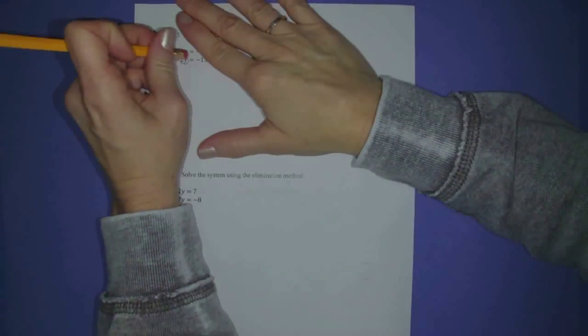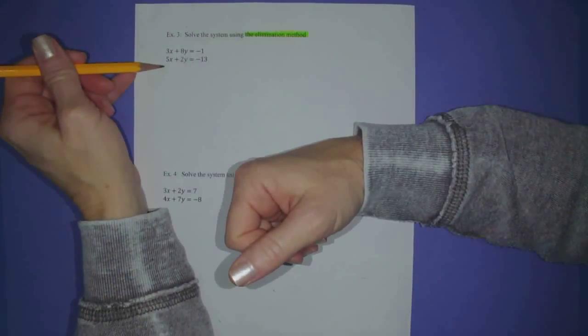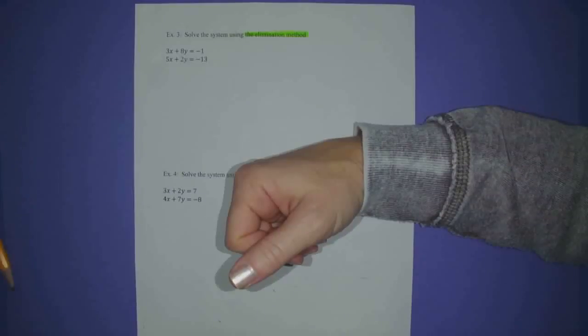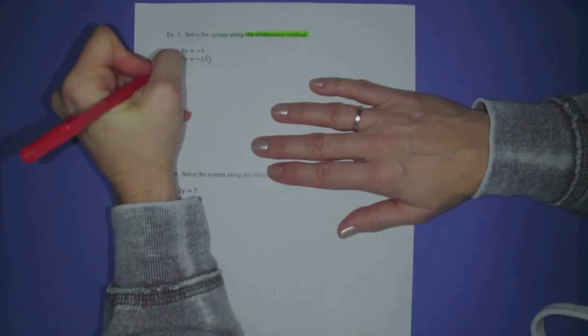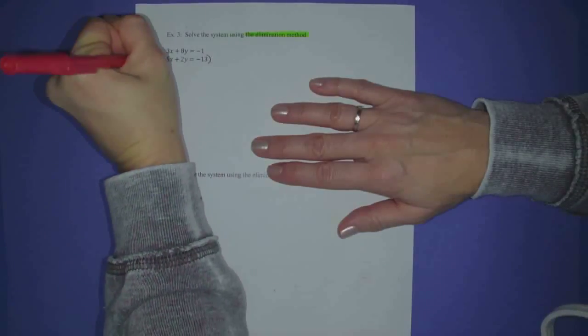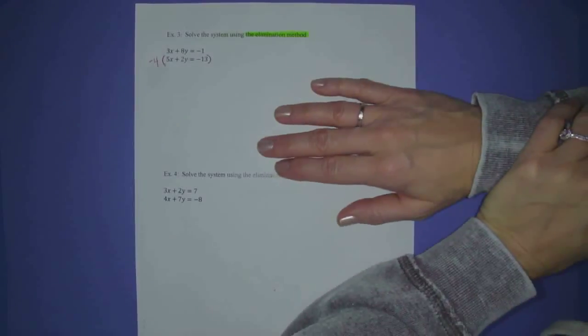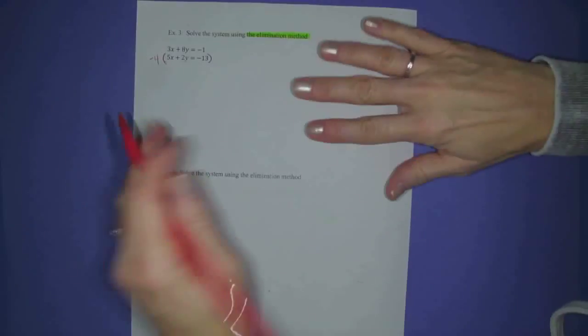So you got to think to yourself, how can I get this 2y down here on the second equation to be a negative 8y? Okay, well, hopefully you're thinking if we just multiply the entire bottom equation by negative 4, that's going to give us a negative 8y there.